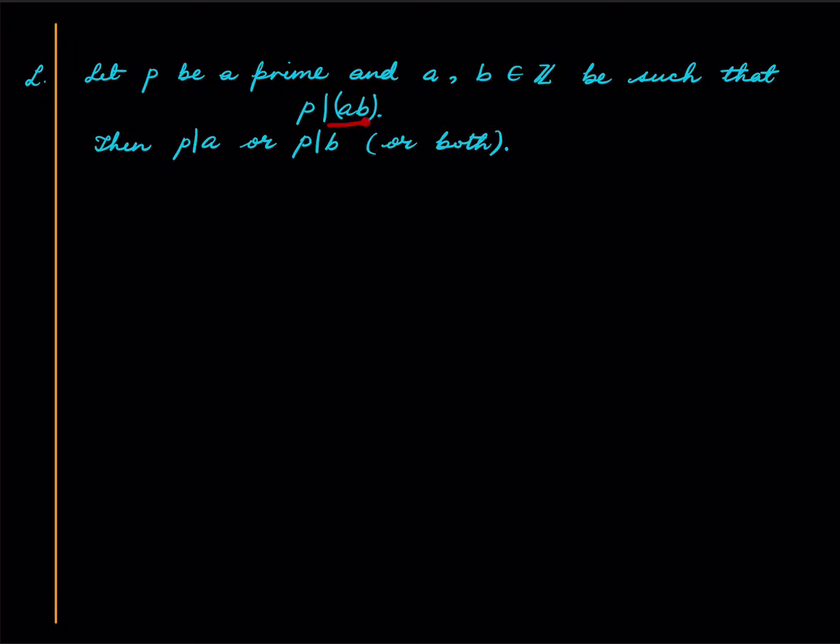Then the conclusion is that p divides the first one, or it divides the second one, or it could divide both, of course. This may be intuitively very obvious, but this is not so easy to prove. The proof that I'm going to write is very easy to follow, but it's not a trivial fact.